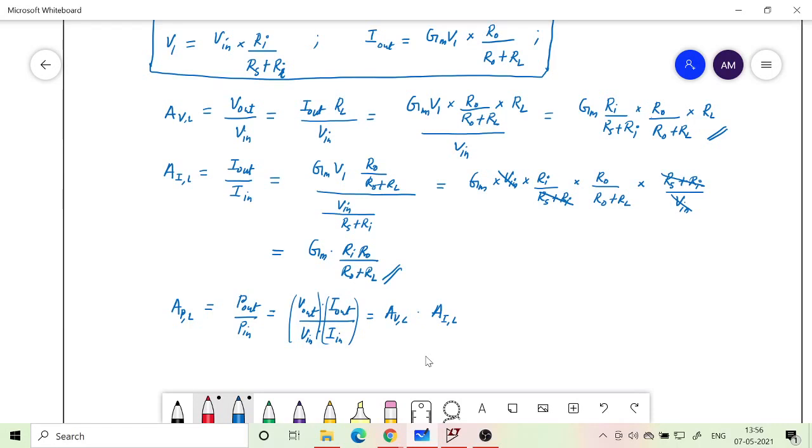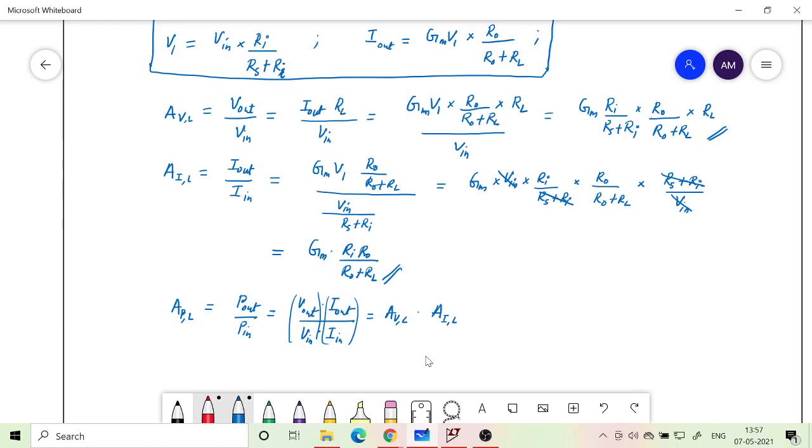Sir, in the experiment that you have given, do we need to verify this formula with the graph, sir? Yes. We have done that. Then we have to draw the graph for voltage gain, current gain, and power gain for all the four amplifiers. There is no graph. What graph are you talking about?